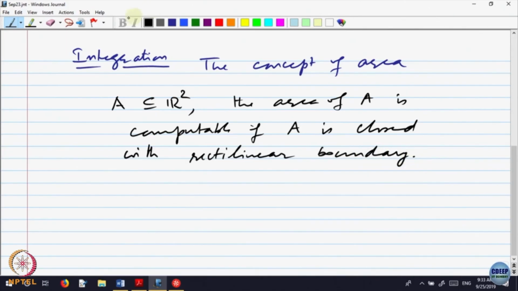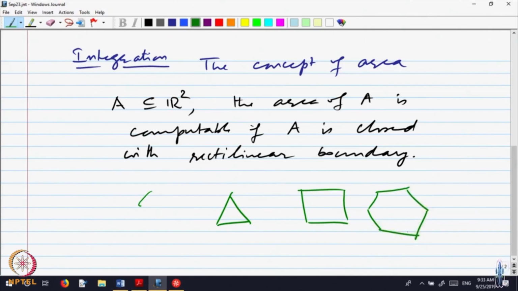So for example, if you have a rectangle or a triangle or any other set with this boundary rectilinear, you can calculate the area. If it is a triangle, you know the area is base into height, the formula which comes from a rectangle, length into breadth, and similarly you can divide it into triangles and find out the area.